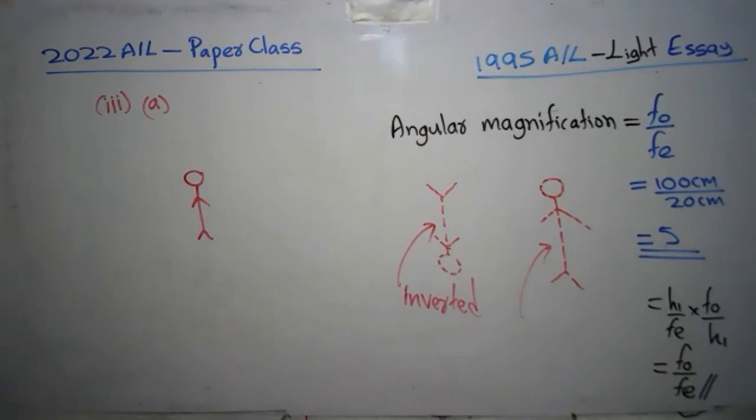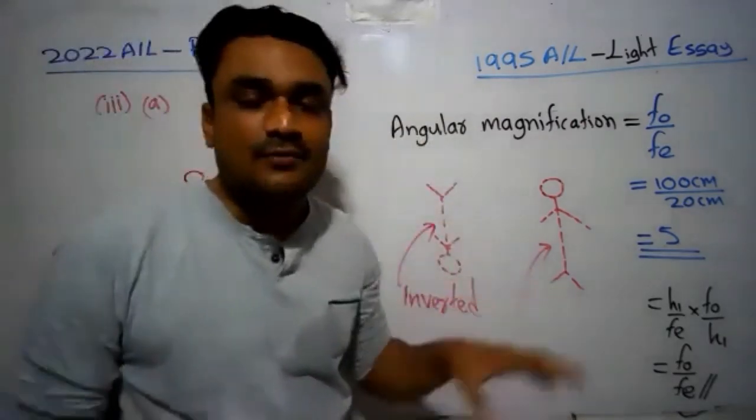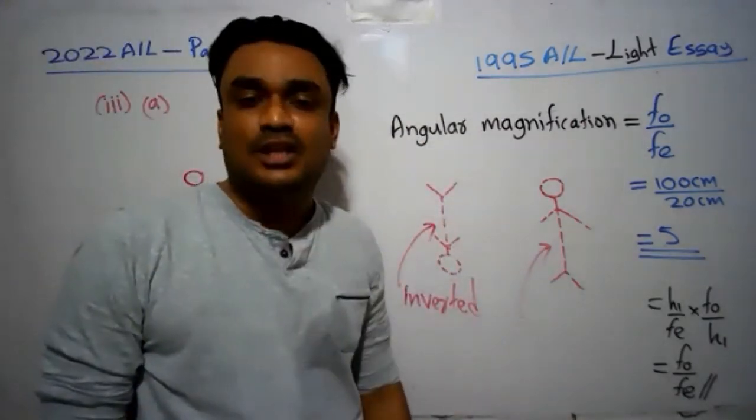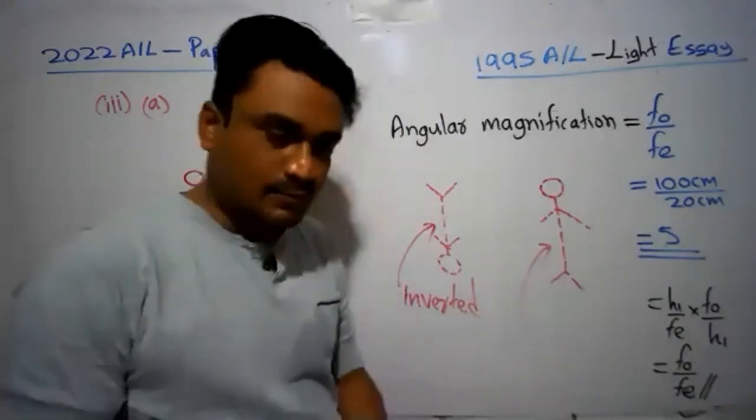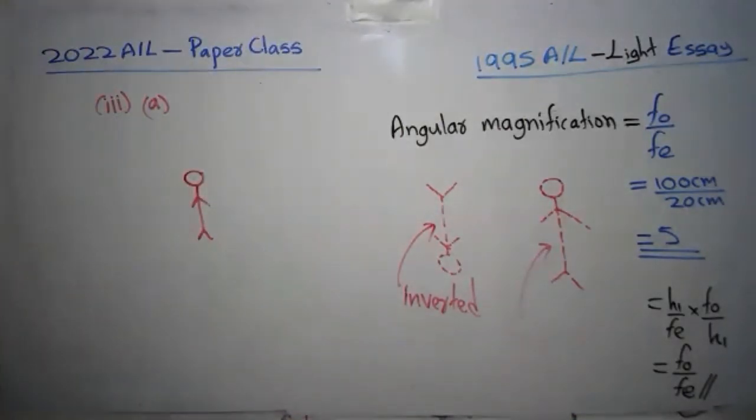Sub-part C: trace the path of two rays coming from the top of the building through the terrestrial telescope to the eye. They have asked us to draw the ray diagram with the third lens. Once we draw the ray diagram, we can answer the distance question, right? So let's give a try to draw the ray diagram.